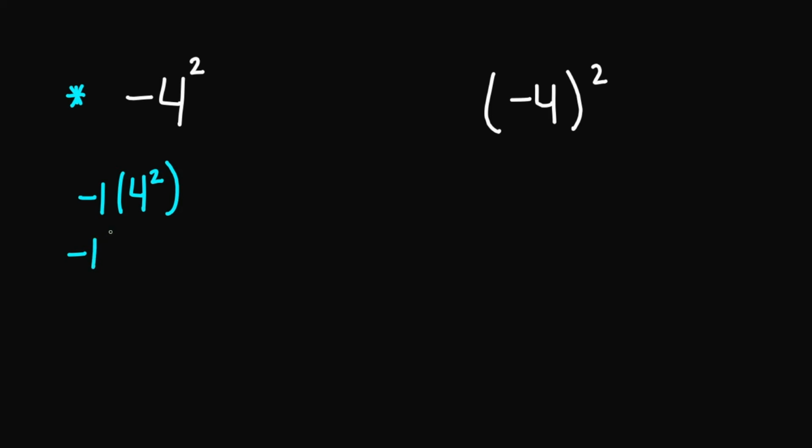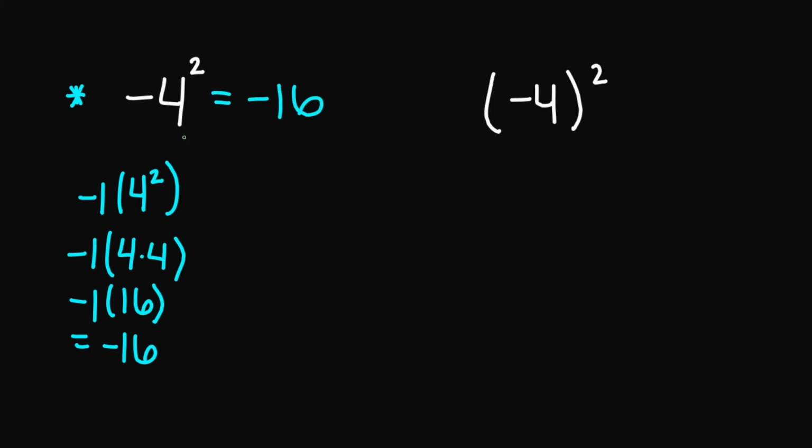So -1 times 4 times 4, and 4 times 4 is 16. 16 times -1 is going to equal -16. So -4 squared without the parentheses is going to equal -16. Your base in this example is just a positive 4, not -4. So your base is 4 and your exponent is 2.